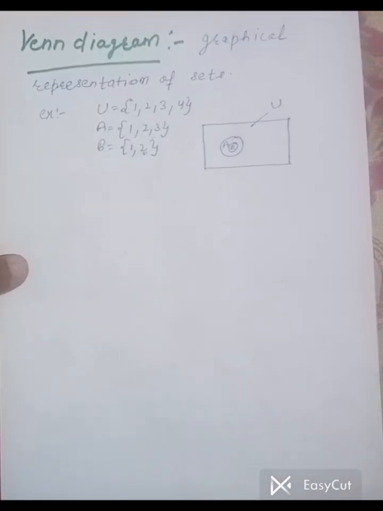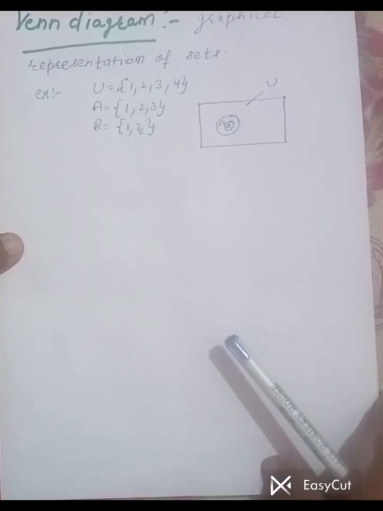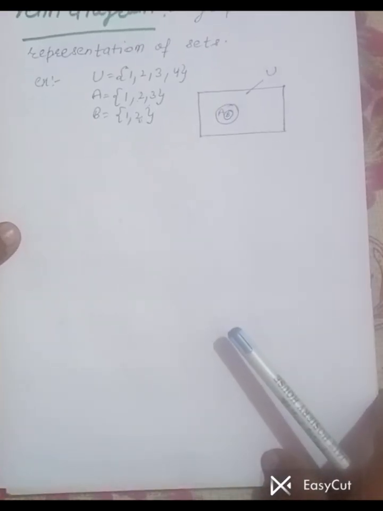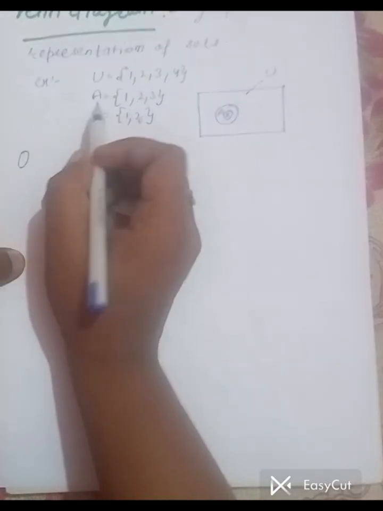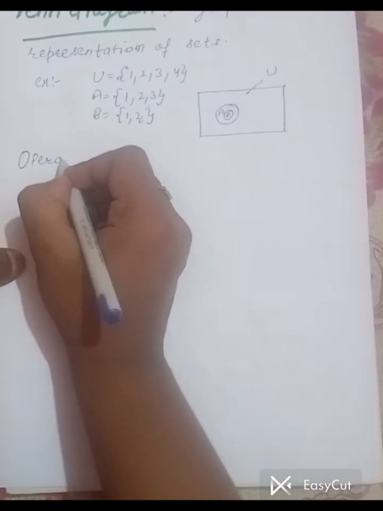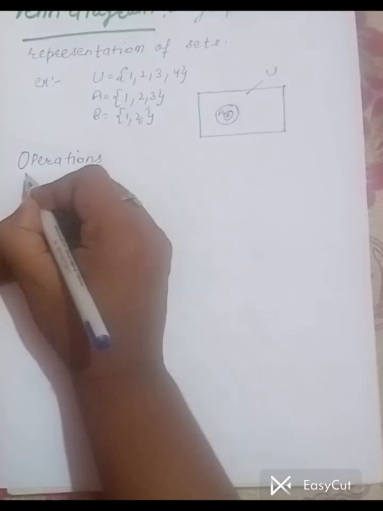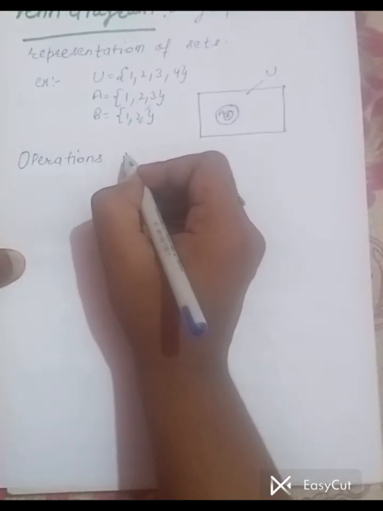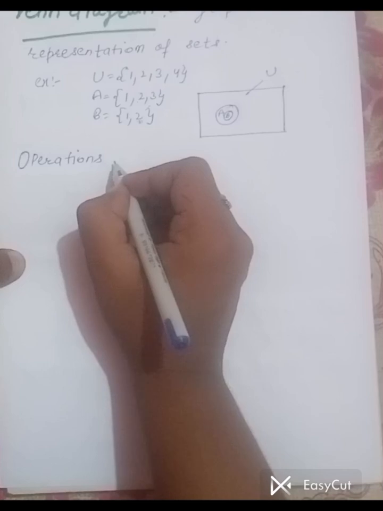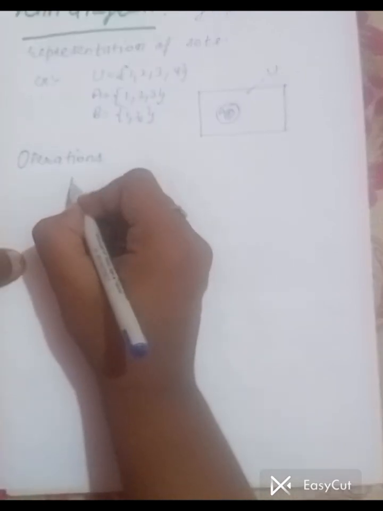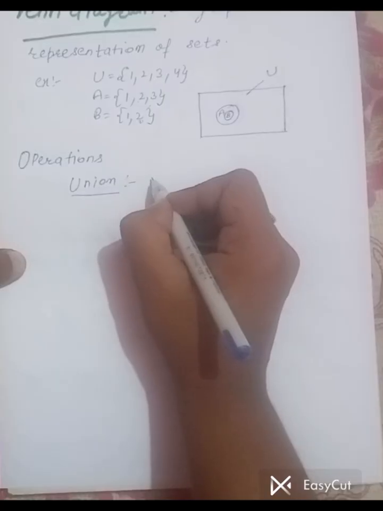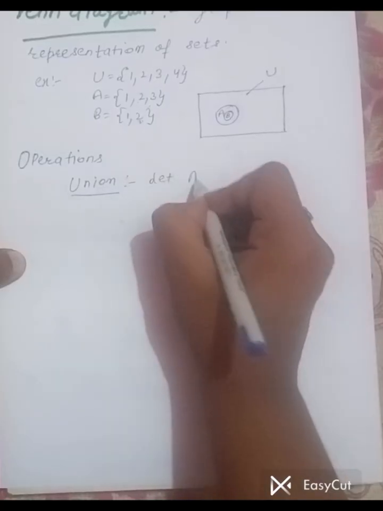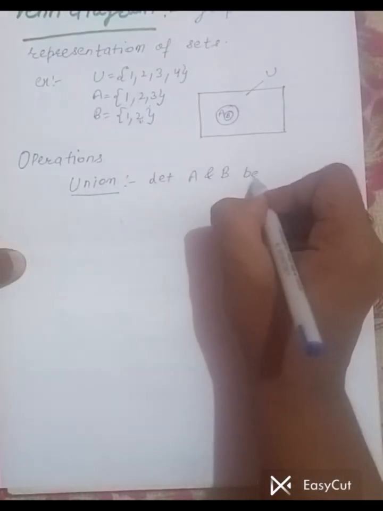Okay, so let's discuss some operations on these sets. First is union. Let A and B be two sets.